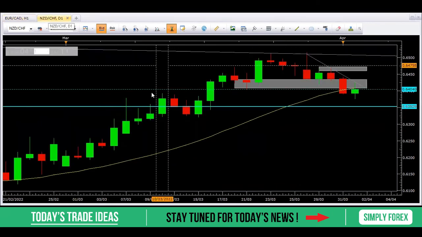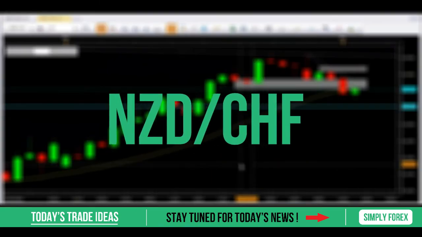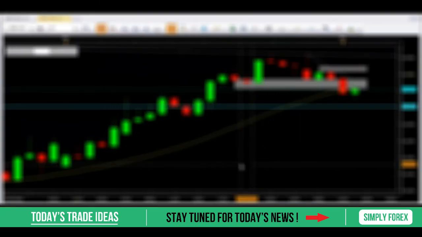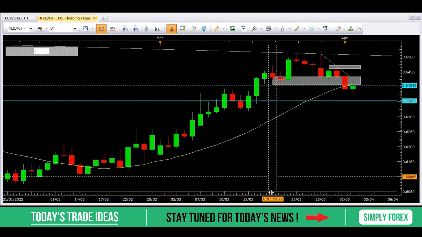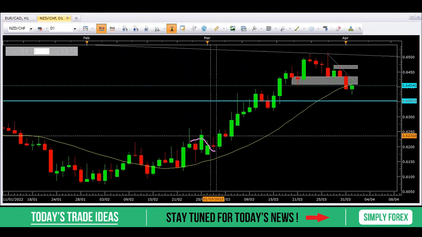The second trade idea for today is this. This is the New Zealand dollar against the Swiss franc. So again, the same trade idea from Friday, and for the same reasons, guys. Price was in an upward structure, but now these lows here have been taken out with this candle.